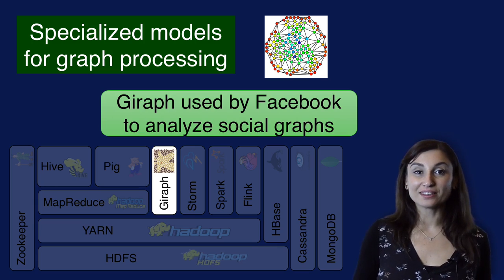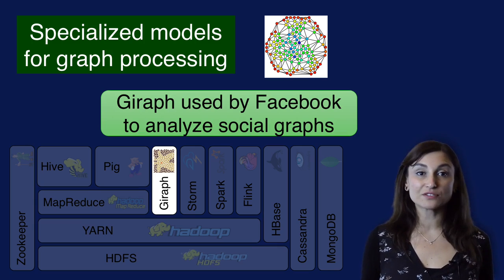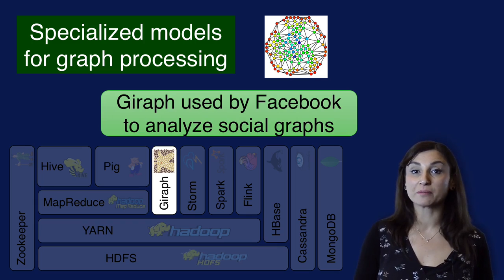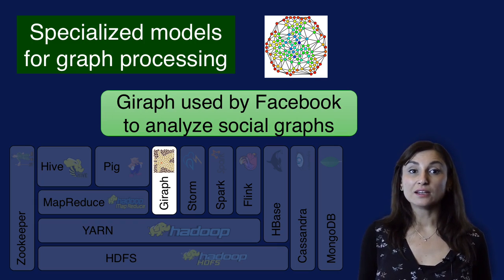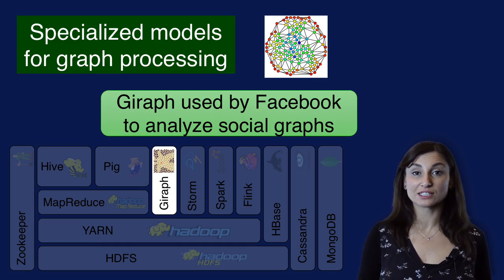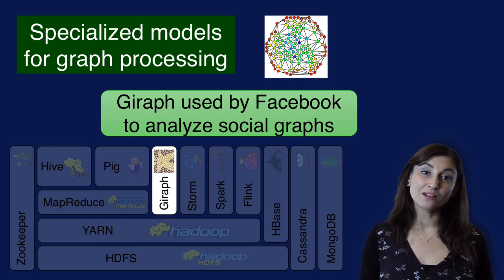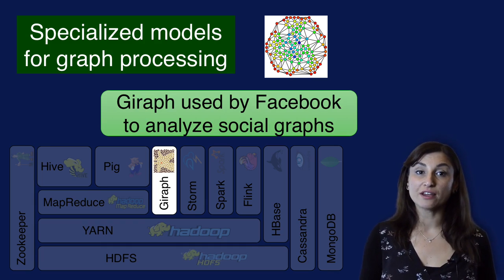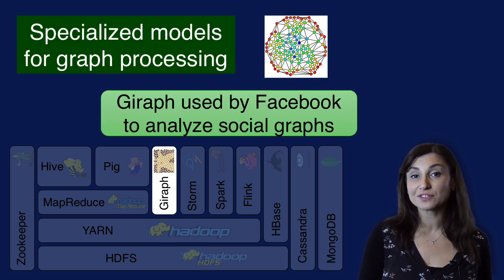Thanks to Yarn's ability to manage resources not just for MapReduce but other programming models as well, Giraffe was built for processing large-scale graphs efficiently. For example, Facebook uses Giraffe to analyze the social graphs of its users.